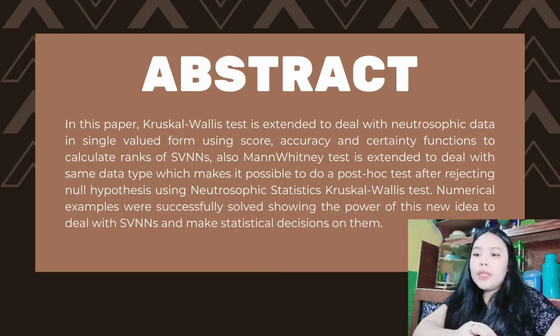Also, Mann-Whitney test is extended to deal with same data type, which make it possible to do a post-hoc test. After rejecting null hypothesis using neutrosophic statistic Kruskal-Wallis test, numerical examples were successfully solved showing the power of this new idea to deal with SVNN and make statistical decisions on them.